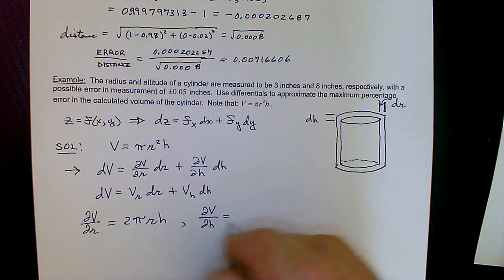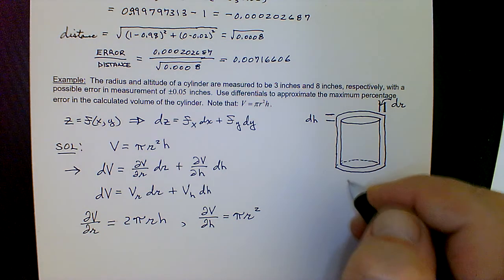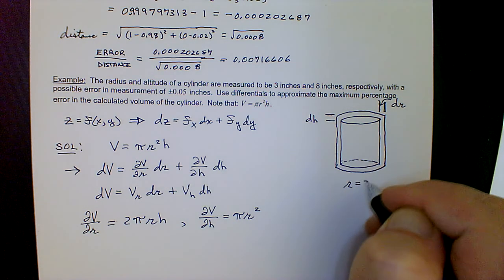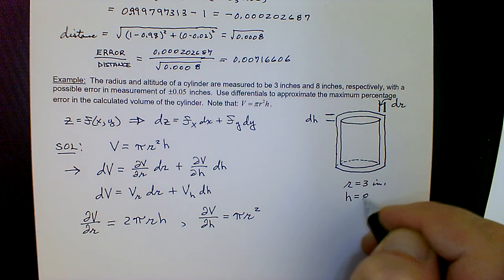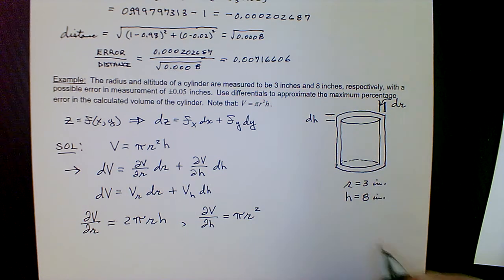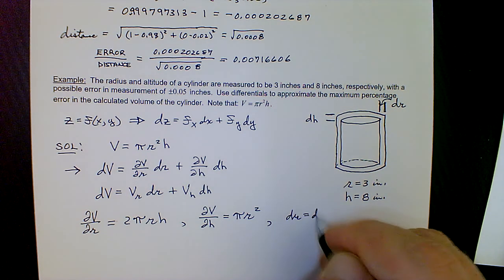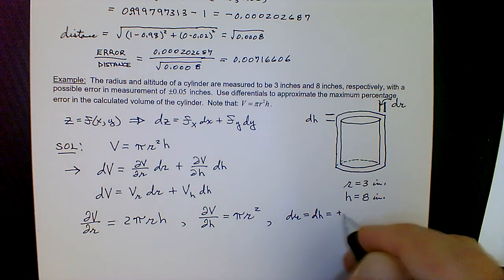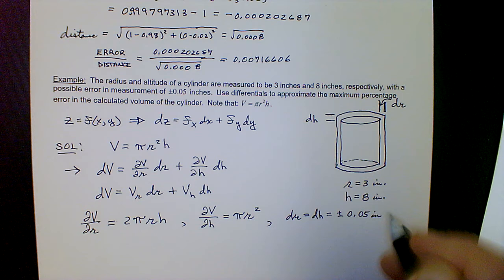Derivative of h is 1, so just pi r squared. A couple things I forgot to write down was that the radius is given to be 3 inches, the altitude is 8 inches, and another thing we could say is that the differential dr is equal to the differential dh, which is plus or minus 0.05 inches.